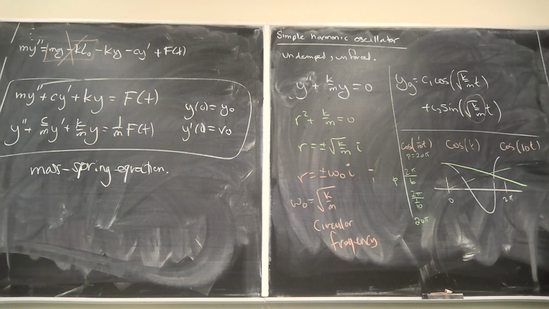Okay, how about the cosine of 10t? What is its period? Pi over 5. So it's going to go like 4, 5, 6, 7, 8, 9, 10. There you go. Okay, last question. What is the relationship between period and frequency?